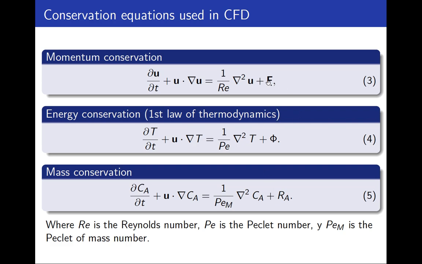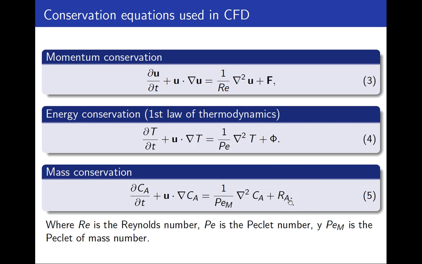I already explained the source term in the momentum conservation equation. In energy conservation, we can have external sources of heat or external sources of energy, for instance. Or this term can also consider losses of energy. Here in energy conservation for fluids, we might have a viscous dissipation. That means we might have energy losses due to friction.